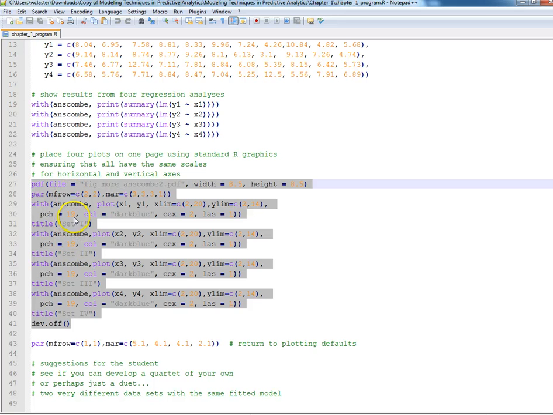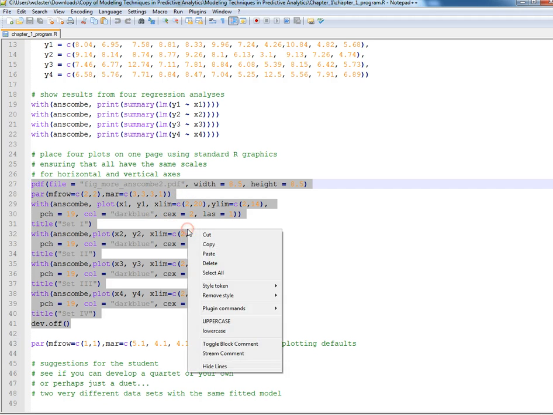Remember the PCH, if you went through the homework, you saw that this sets the kind of plotting character. You can use a diamond or a triangle or a dot or whatever. And the color and the stuff makes it look pretty.